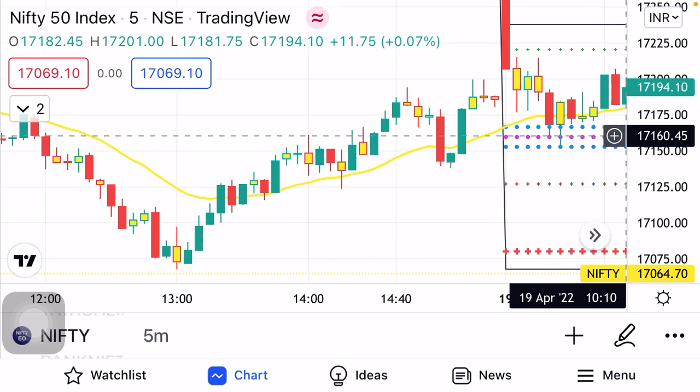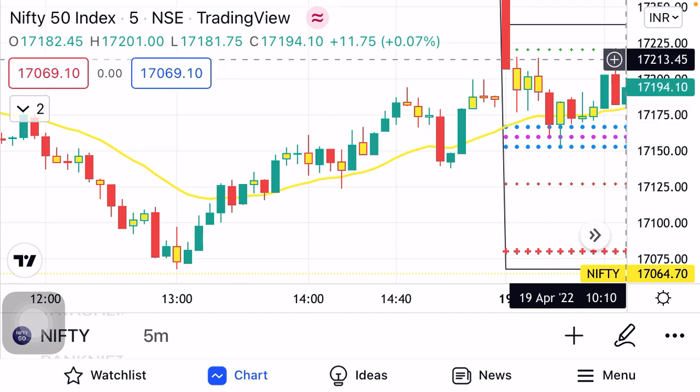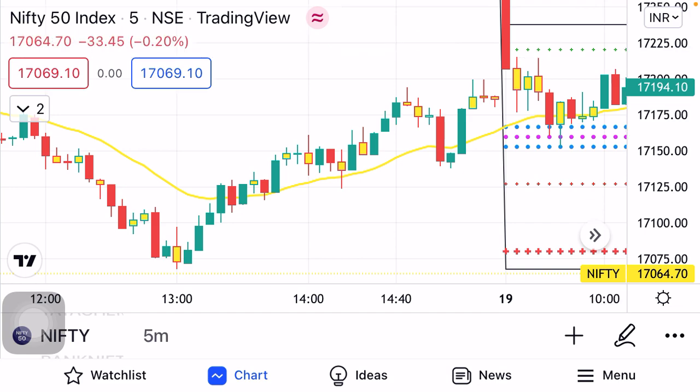So 160, 17, 162, this is 220. So the points are more than 60 points. We should be very careful while booking your profit, like the distance between the graph, that is CPR, and the target where we entered the market, that will decide our most accurate results.